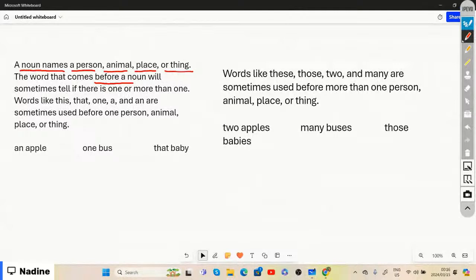For example, words like this, that, one, a, and, they are sometimes used before one person, one animal, one place, or one thing.